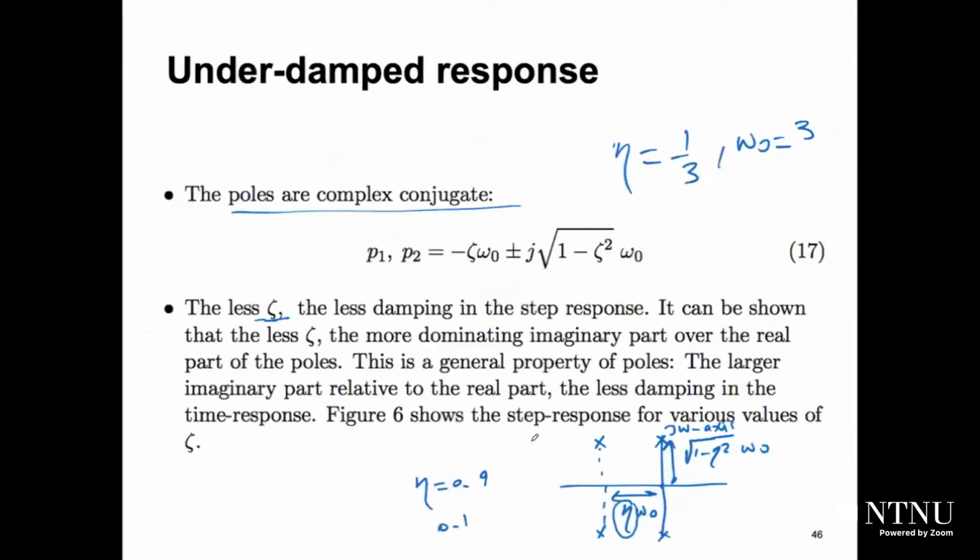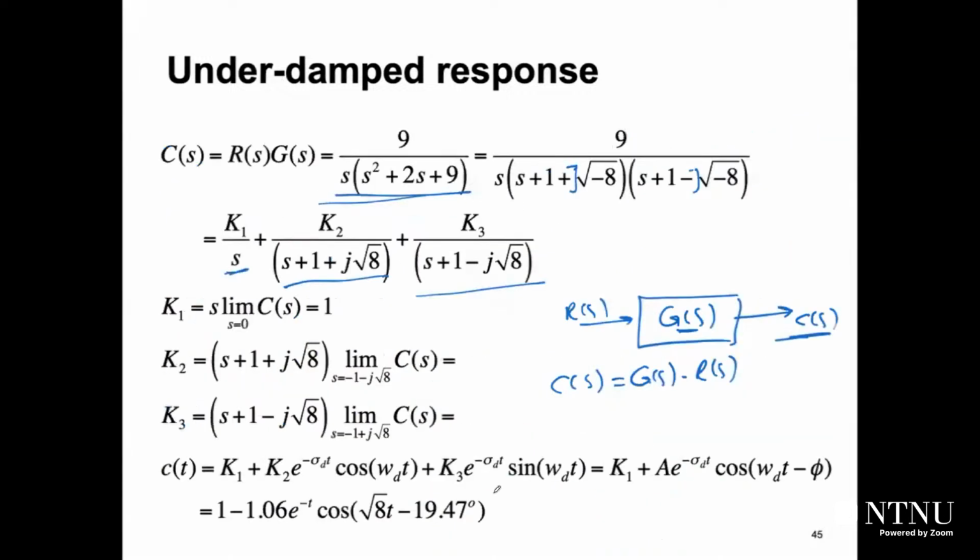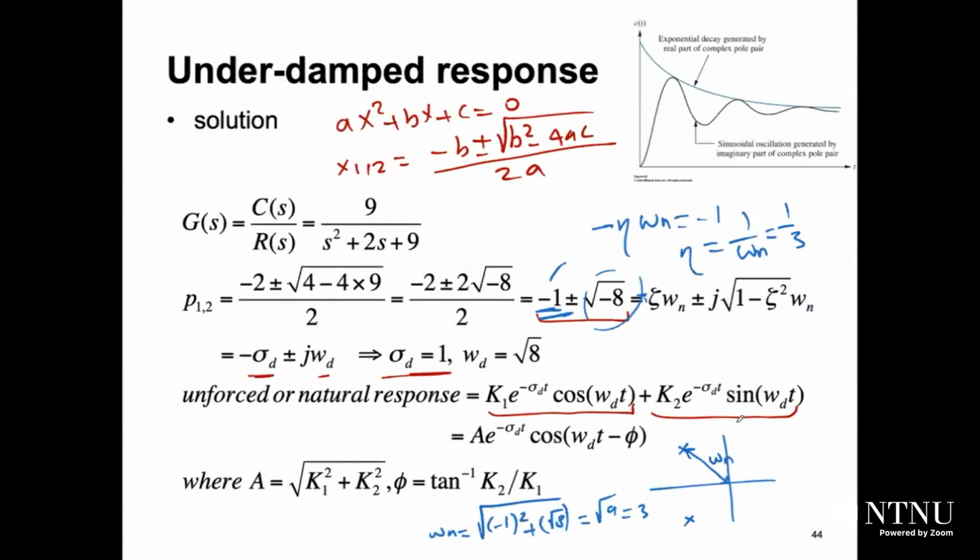Okay, maybe we need to go back here to the underdamped system when we have this solution, right? So we have this solution. The unforced or natural component will be k1 exponential minus sigma d. I mean, you need to write your poles in this format: minus sigma d plus minus j omega d, the real part and the imaginary part.